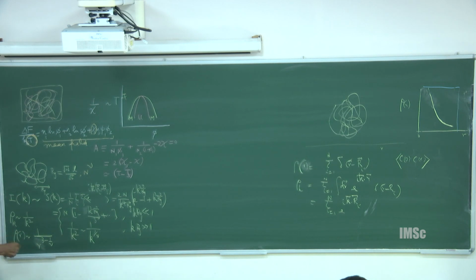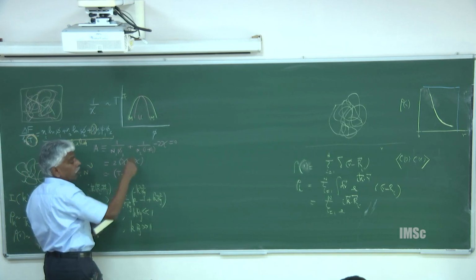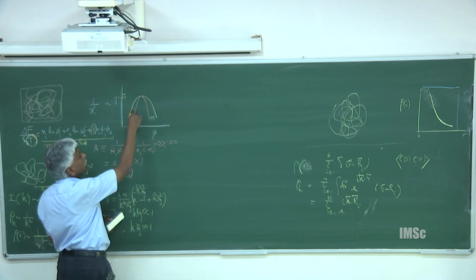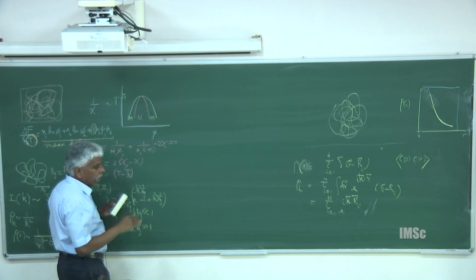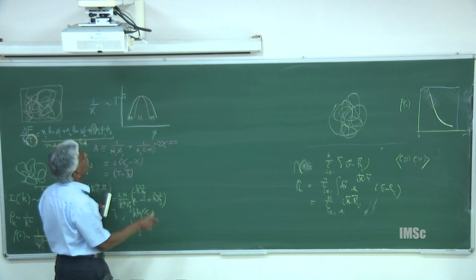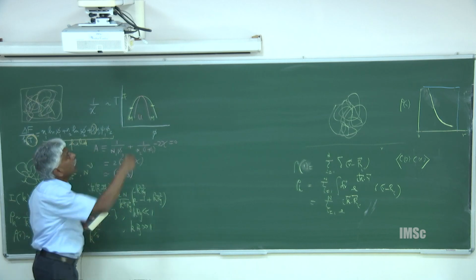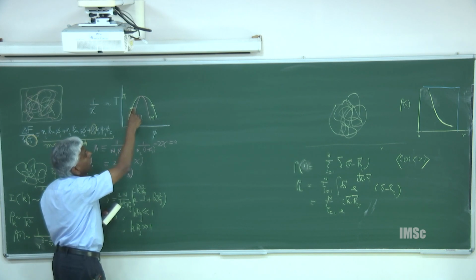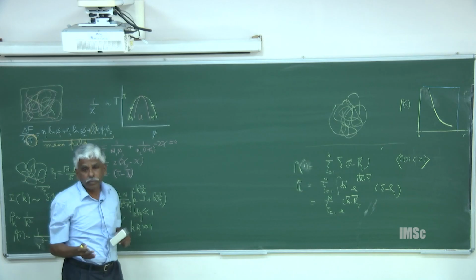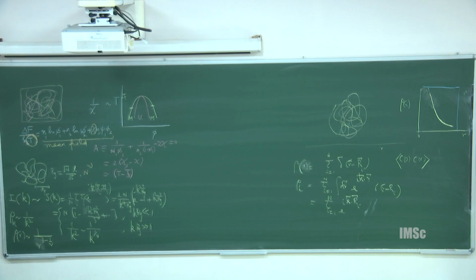Depending on where I quench, the system evolves in a particular way. If I quench here, it evolves one way; if I quench there, it evolves in another way. But nevertheless, at the end, I will get the same result. Suppose I quench to this temperature, I will always get these two daughter phases, whether I quench here or there. But the pathway of reaching the final state will be different. There are two distinct pathways, and that is what I want to address today.